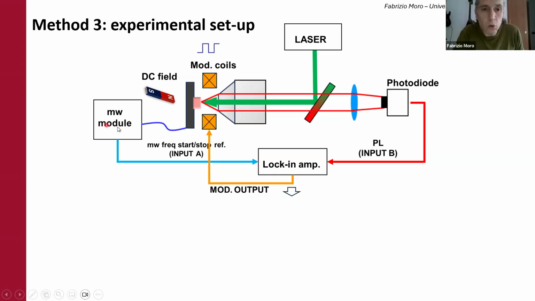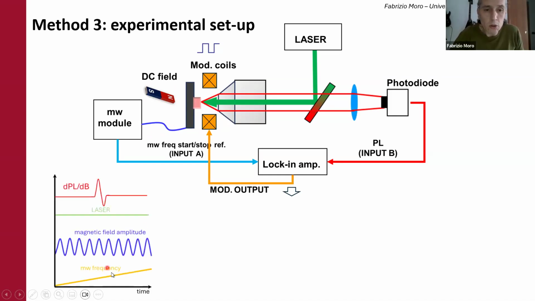Then we also need, of course, the microwave module in order to excite microwave transitions in NV centers, which are placed on top of a microstrip line. And then we also have a DC bias field, which mimics the sample magnetic field. So the protocol employed for the measurement is that the laser is kept constant during the time.